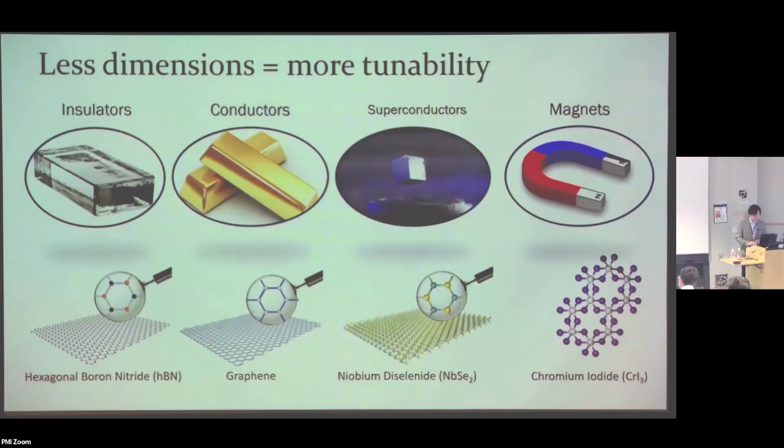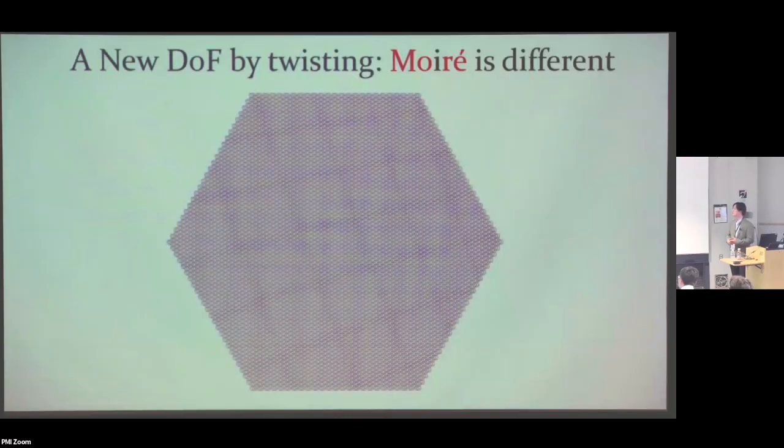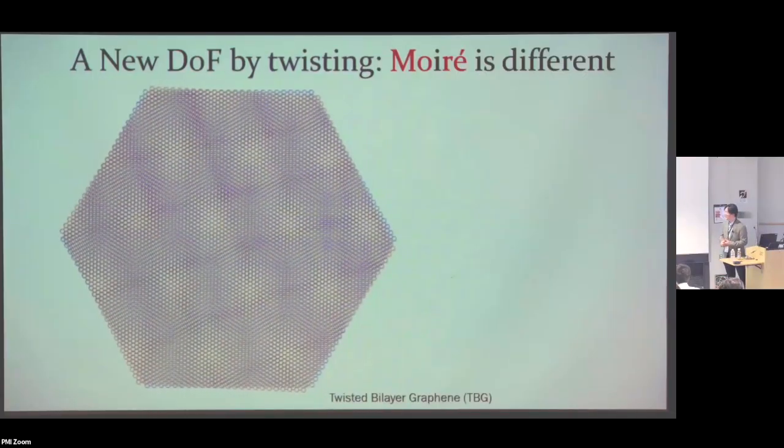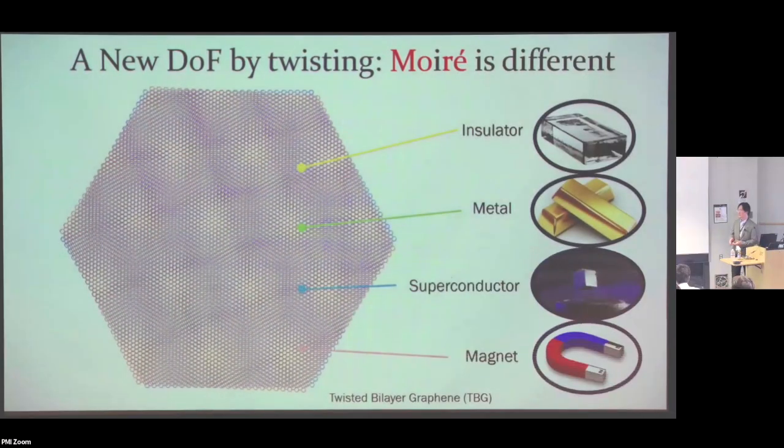But of course, now we know that there is this extra knob, the so-called twisting, that can give you even more richness in the physics of these stacks of 2D materials or van der Waals heterostructures. And it turns out that this seemingly simple twisting degree of freedom can actually give rise to a lot of interesting, strongly correlated phenomena, such as superconductivity and also quantum anomalous Hall states or other types of magnetic states, even fractional states and so on.